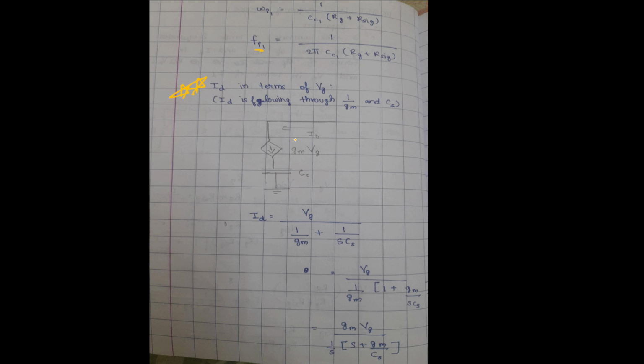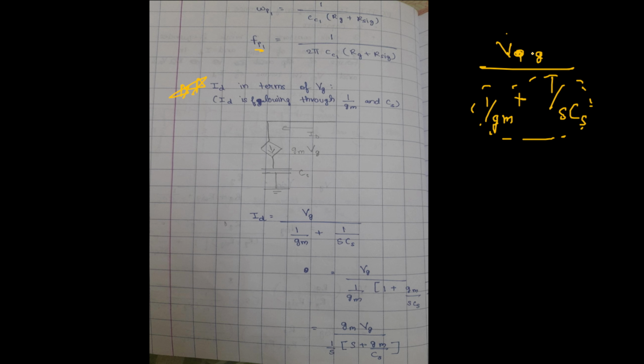The drain current is flowing through 1 by GM and through 1 by the impedance across this capacitance, given by SCS, right? So the drain current is given by the potential difference across this divided by 1 by GM plus 1 by SCS, because this is the total impedance.